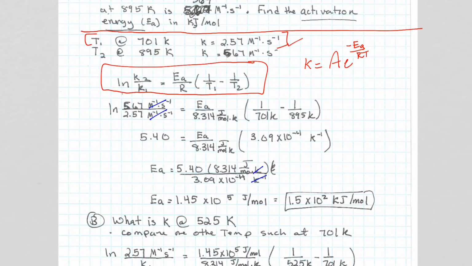So do the math. We get 1.45 times 10 to the 5th joules per mole. We were asked to do it in kilojoules, so we simply divide by 1,000: 1.5 times 10 to the 2nd kilojoules per mole. Now notice I also reduced it down to two significant figures to answer the problem.